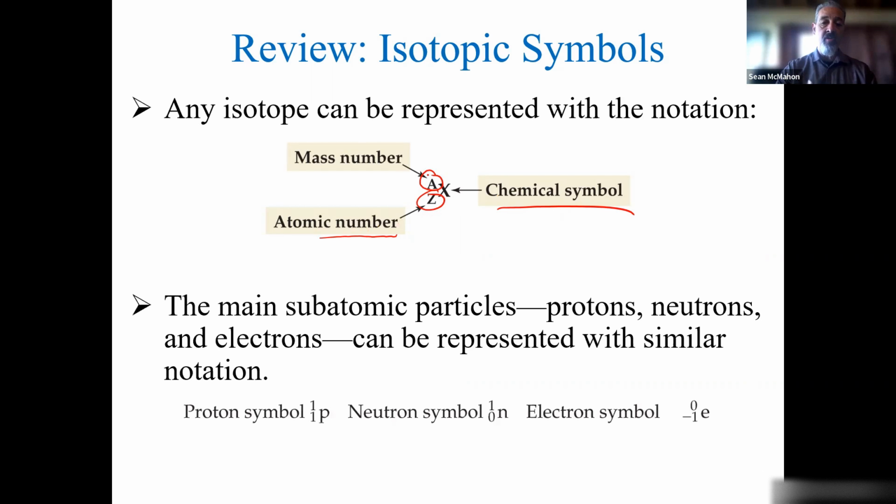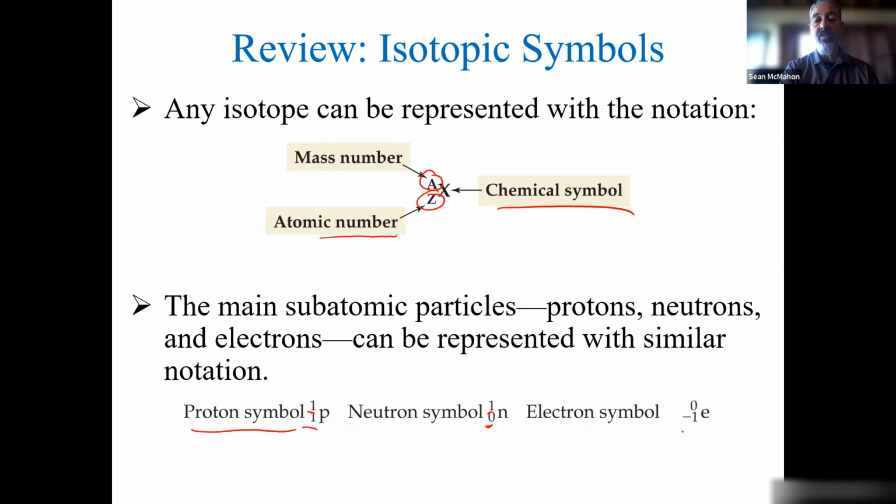You may also recall we can use subatomic particle symbols. For a proton, the atomic number is 1 and the mass is 1. A neutron isn't considered to have an atomic number, because that's the number of protons, but it does have a mass.